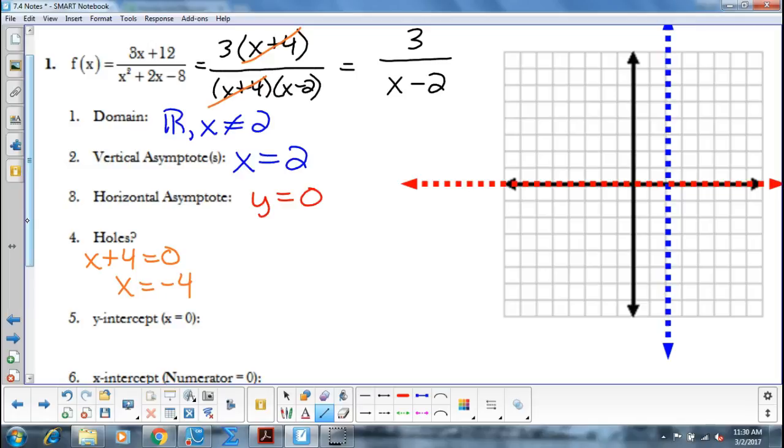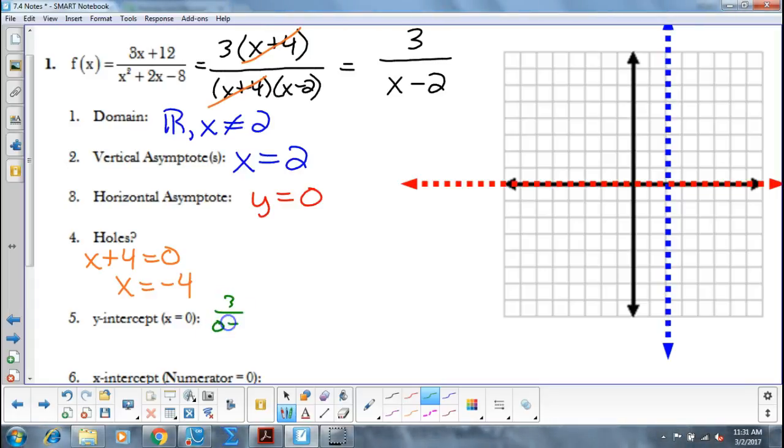Y-intercept, if I plug 0 into my function, I get 3 over 0 minus 2, which is 3 over -2. So my y-intercept is going to be the point (0, -1.5).